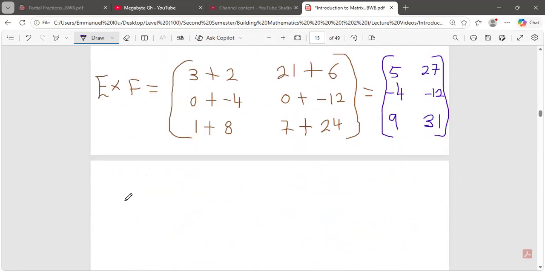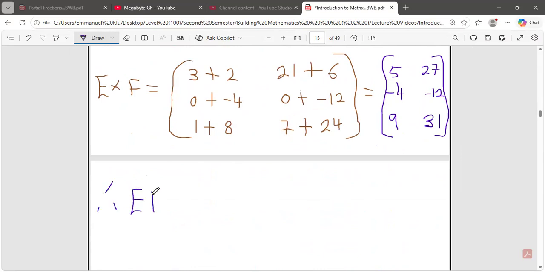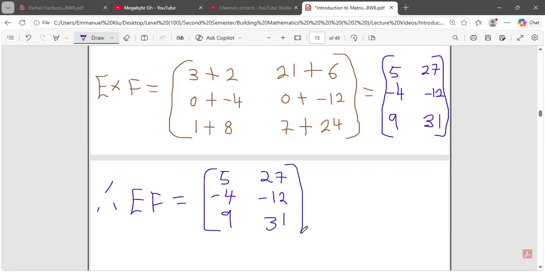And finally, if you want to simplify our final answer, we can say that, therefore EF is equal to, and then we simplify it as 5, -4, 9. Okay, and then here is going to be 27, -12, 31. As simple as ABC.